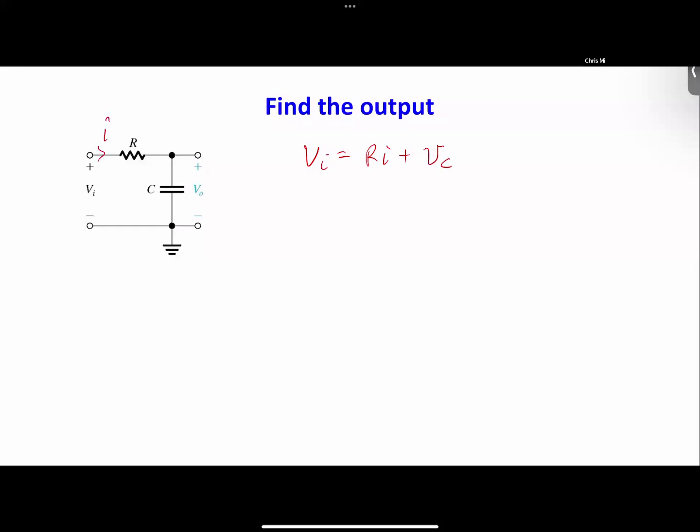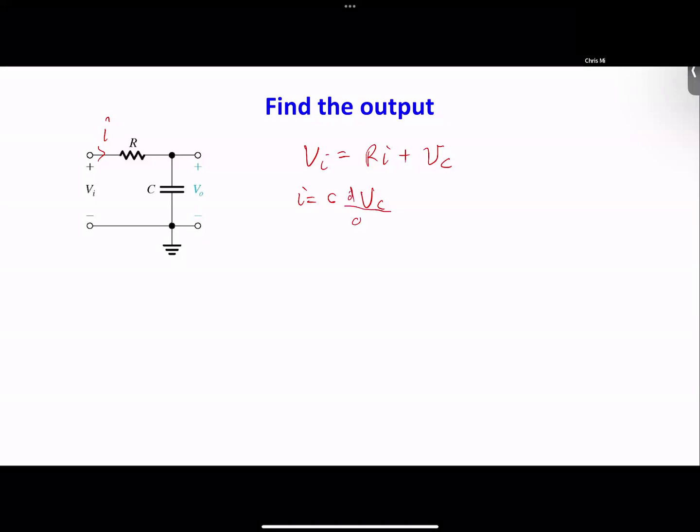Okay, so this is I. And we know VC in relation to current I. The current is C dVC over dt, but this also can be written as C times j omega VC, which is j omega C, also written as sC times VC.